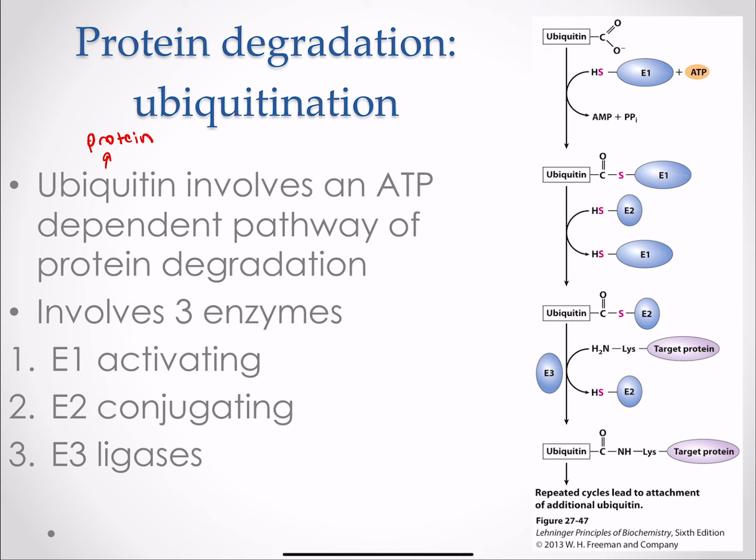So to add ubiquitin to an actual targeted protein is going to require 3 enzymes. An enzyme 1, which is referred to as an activating enzyme, an enzyme 2, a conjugating enzyme, conjugation of ubiquitin to the protein, and then enzyme 3, a ligase.